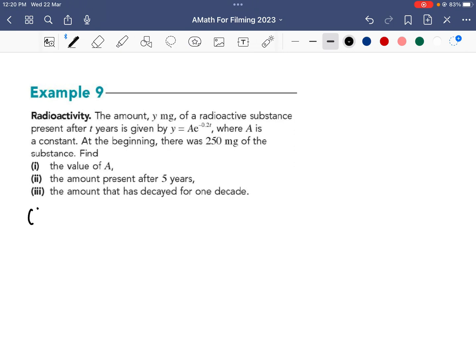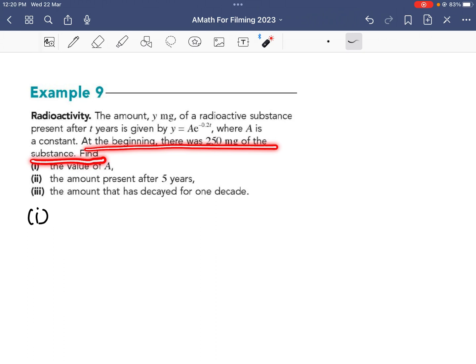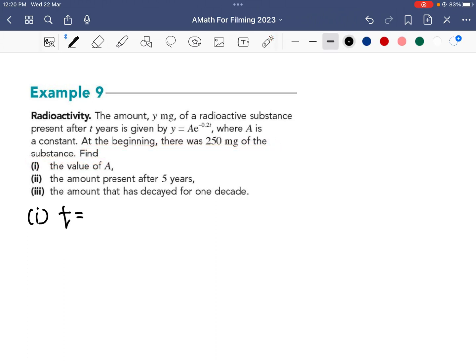Now, if I want to find the value of A, I can use the start of this question to help me. At the beginning, T is equal to 0, because beginning means no time has passed, and I know that the value of Y, the amount of substance, is 250 milligrams.